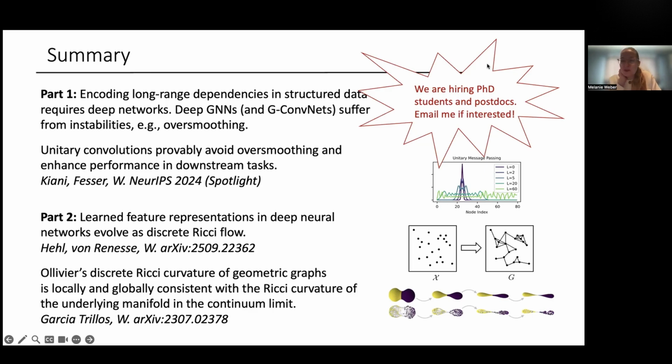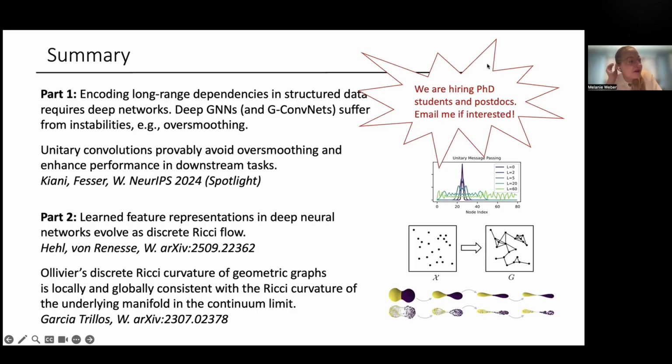Yeah, that's a great question. So if I understand correctly, you're asking for the inspiration of choosing this particular operator, whether there are other choices as well, or whether there were considerations about other types of operators. As I briefly mentioned, there are many different ideas that have been proposed to overcome oversmoothing.